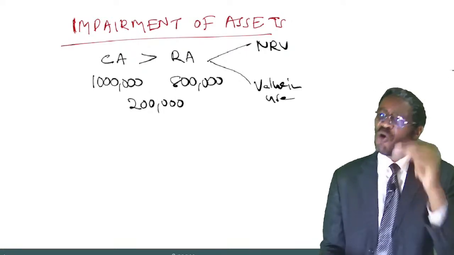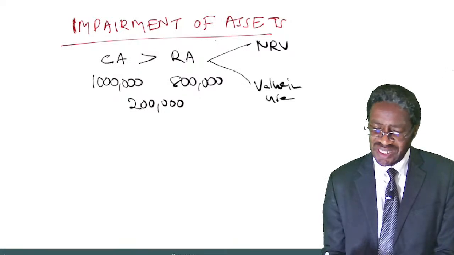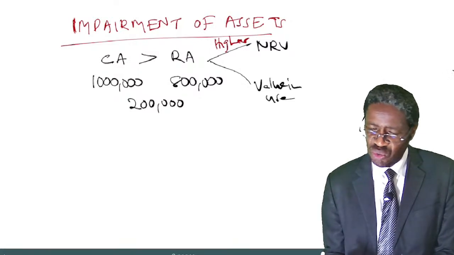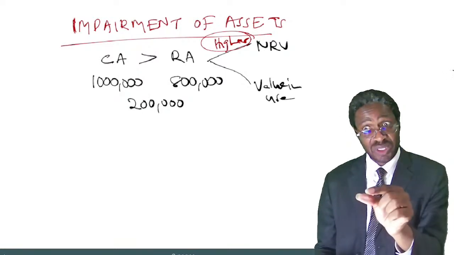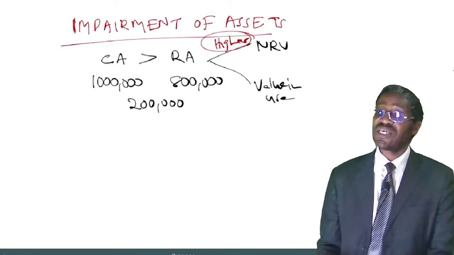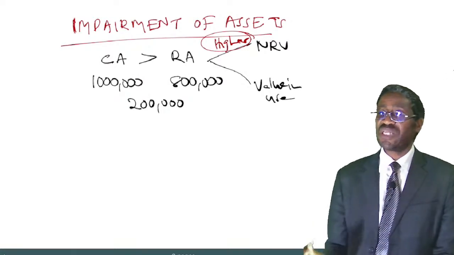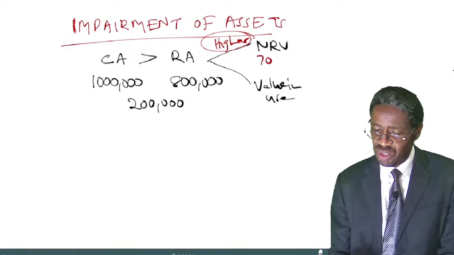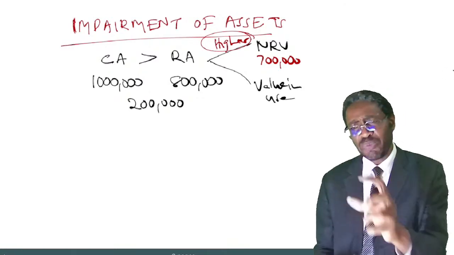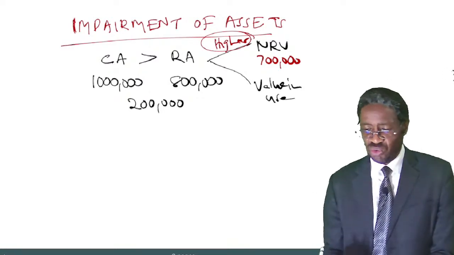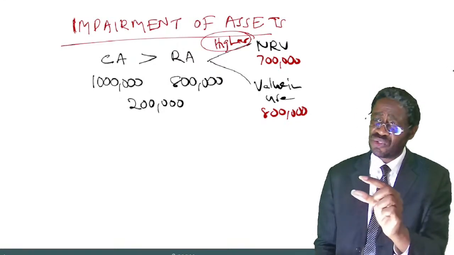Whichever of the two amounts is higher, that is what you consider to be the recoverable amount. Let us assume that you computed the net realizable value and got 700,000, and when you computed the value in use, you got 800,000.